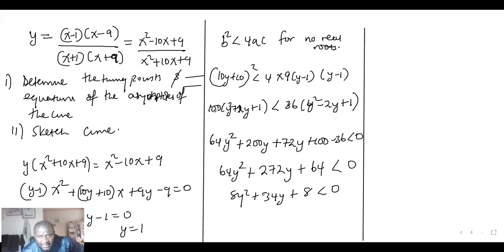Let me first check here. This is 100 into (y squared plus 2y plus 1), which is 200. Then this way we have (y minus 1) times (y minus 1) times 4, which is 36, of (y squared minus 2y plus 1). 36 times. What do you get? I'm getting 128y because this is a negative.